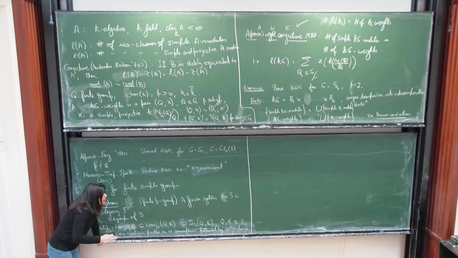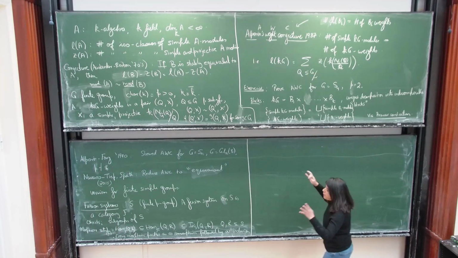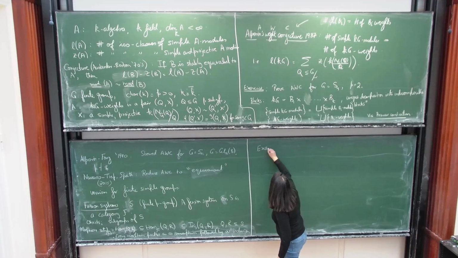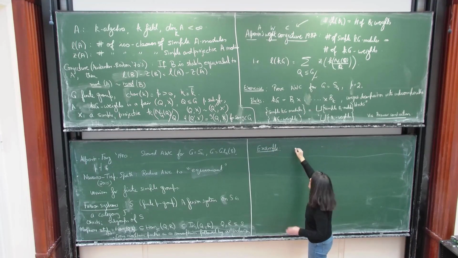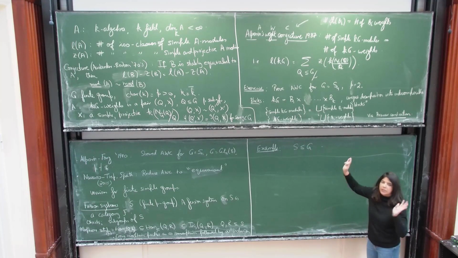The way to think about fusion systems is that the example really is you think of S as sitting inside a group G. It could be a Sylow subgroup, could be not, doesn't matter.